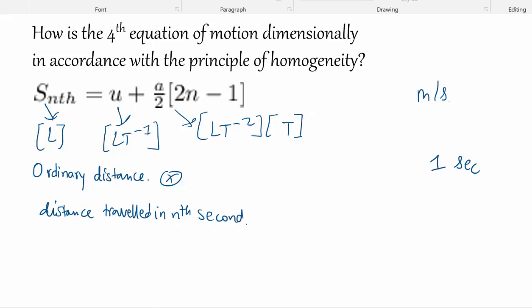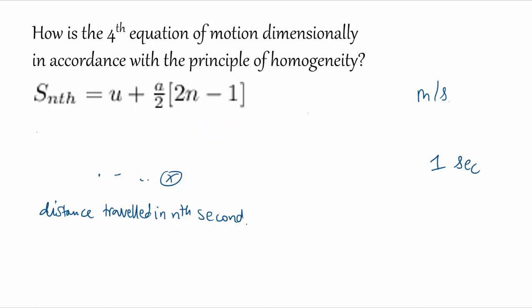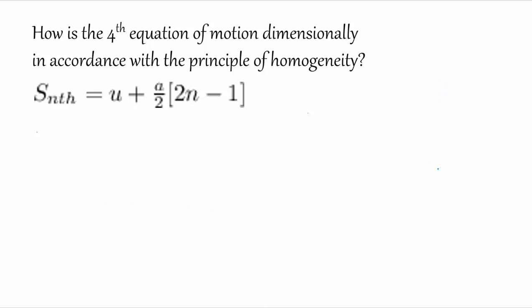And if we think about it, what is velocity? Velocity is distance or displacement per unit time. And what is distance or displacement? In 1D it's the same.